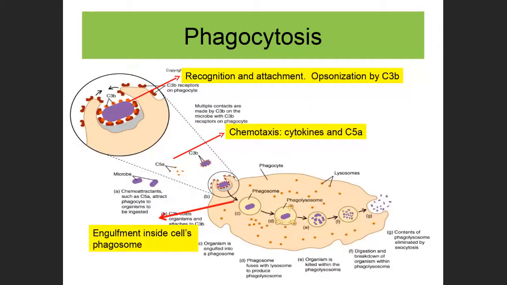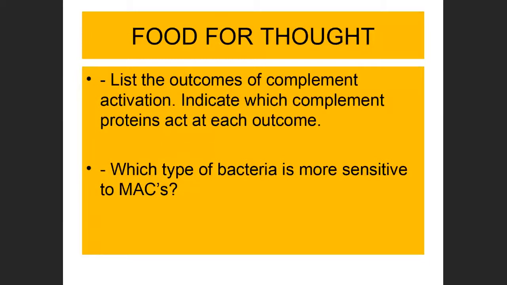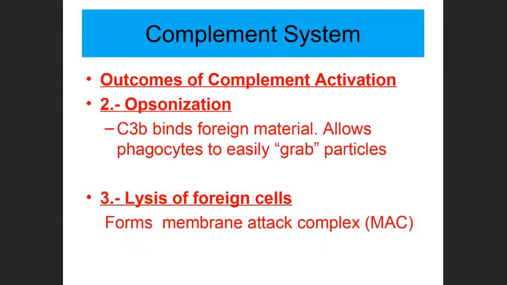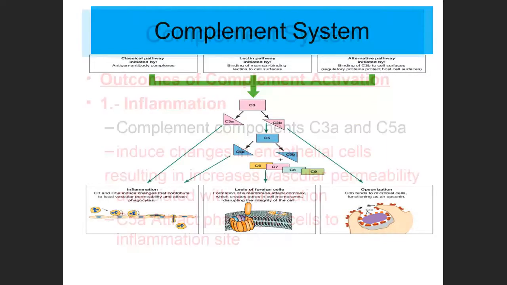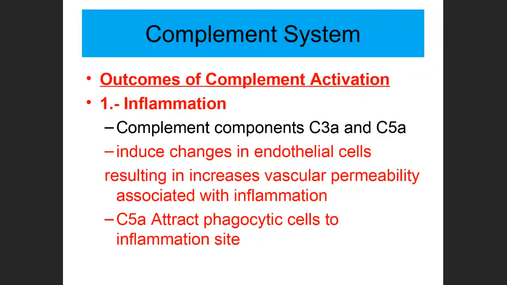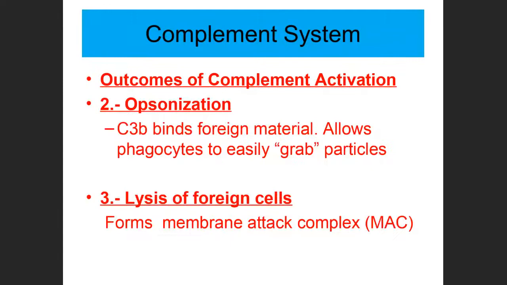I skipped one here. Okay, the third end result, remember there's three end results of complement activation: enhancement of inflammation, enhancing phagocytosis through opsonization, and lysis of foreign cells. So the third one is the one we haven't talked about yet.